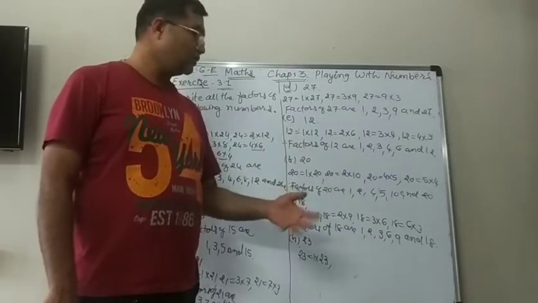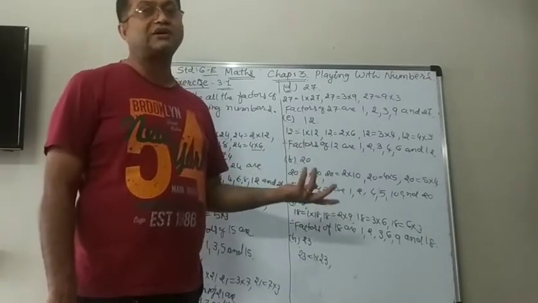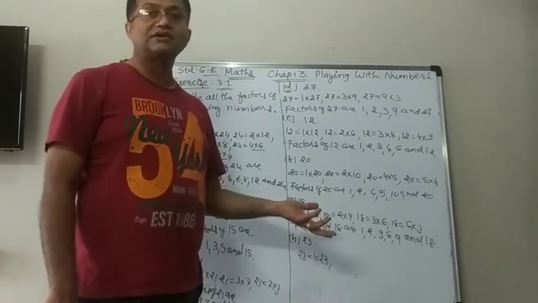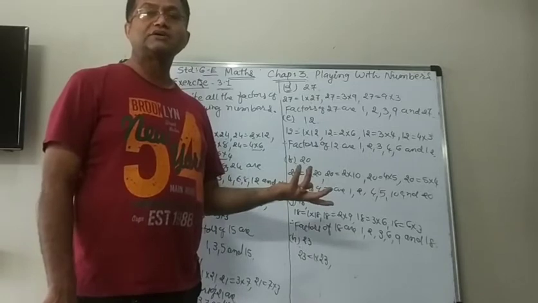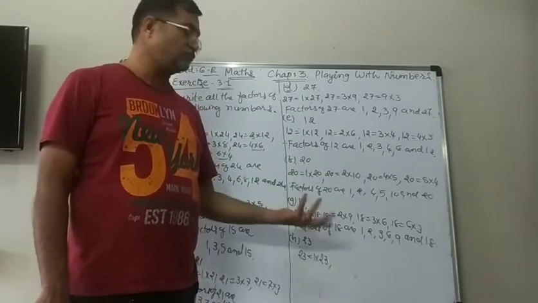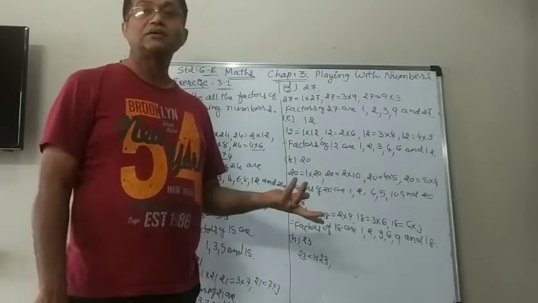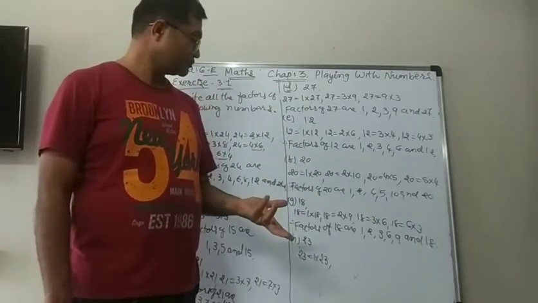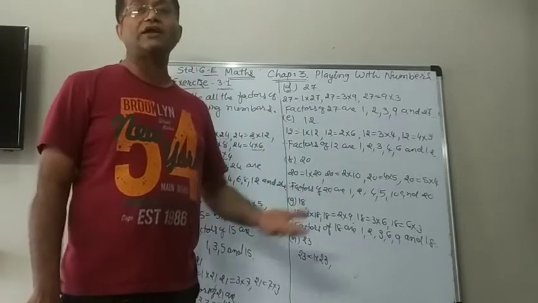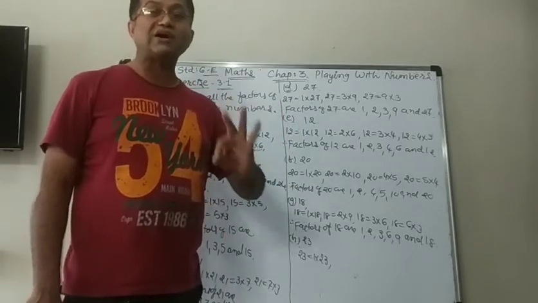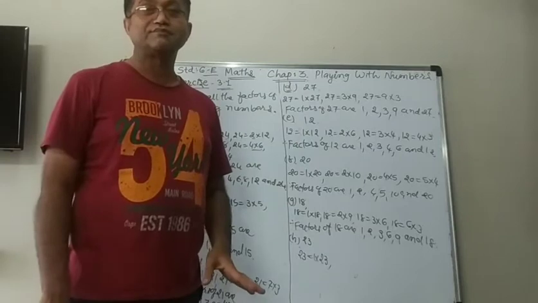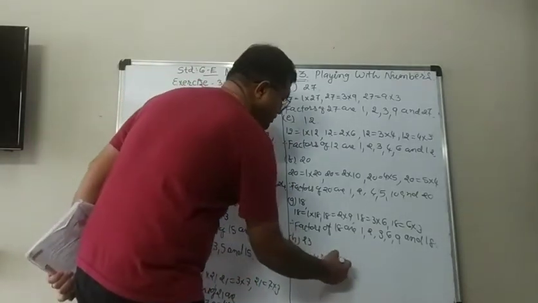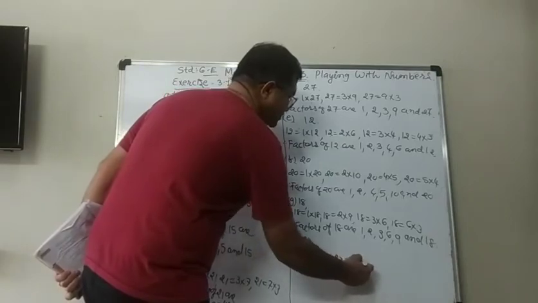Not even 4, 5, because 5 5s are 25, so not there. 6, no. 7, no. 8, 8 3s are 24, so not there. 9, 9 3s are 27, 9 2s are 18, so not divisible. So if you go on and on, 23 is not coming in any table. So only 23 is equal to 1 into 23 and 23 is equal to 23 into 1.